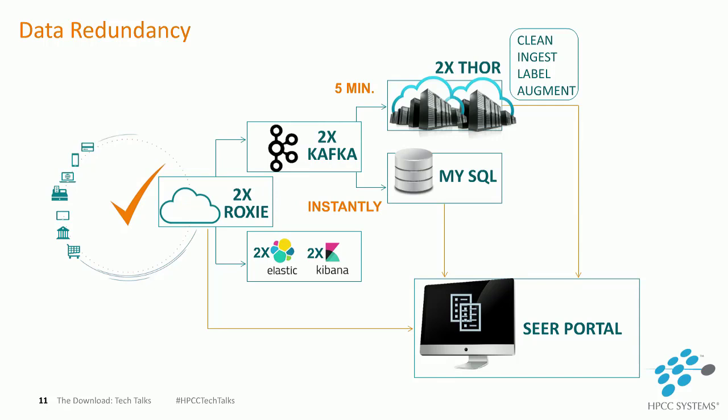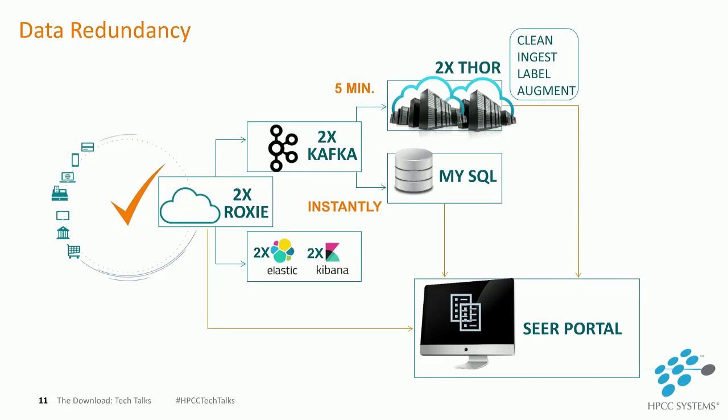So we have, of course, 2 Roxy instances running, and both of those Roxy instances on the back end actually talk to the same DALI. So what happens is, out of the box, using software-based load balancing, we get 2 interfaces in the front, and we're able to send the incoming queries to 2 Roxys.